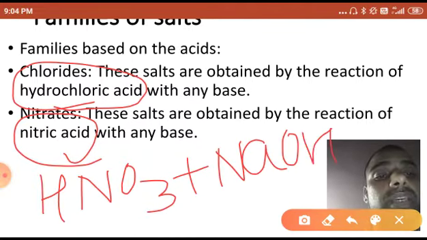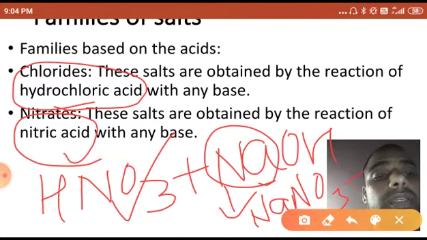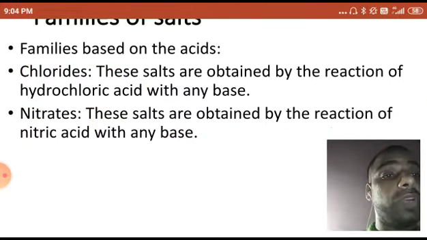What will it form? It will form NaNO3 plus H2O. So it has formed sodium nitrate, nitrate family.